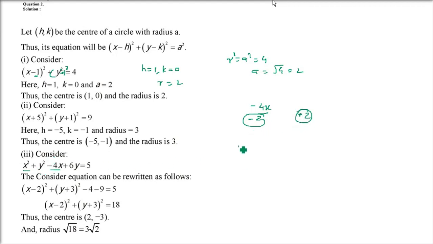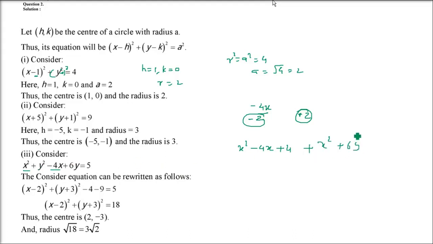To make a quadratic expression a perfect square, x square minus 4x was there. We divided the coefficient of x by 2 and added and subtracted it. So I am adding 4, so I have to subtract 4 also, because I have added it myself.